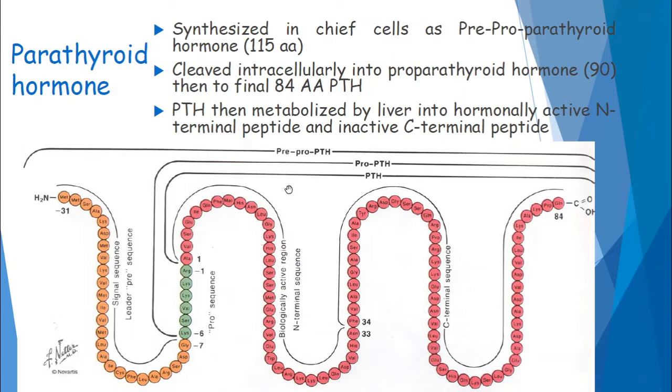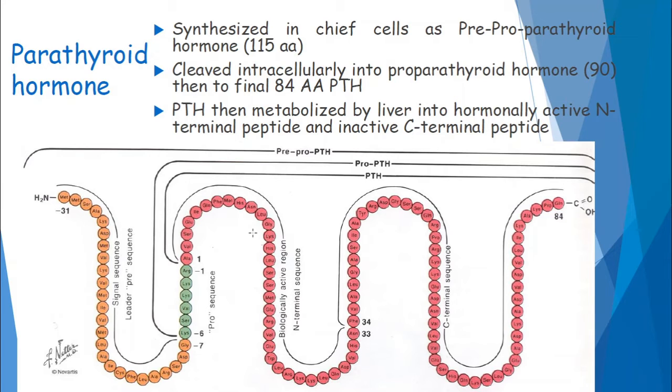The proparathyroid hormone is around 90 amino acids. It is packaged into vesicles through the Golgi apparatus, where again it is cleaved to release the active parathyroid hormone, which has 84 amino acids. This is the pro sequence that is removed.